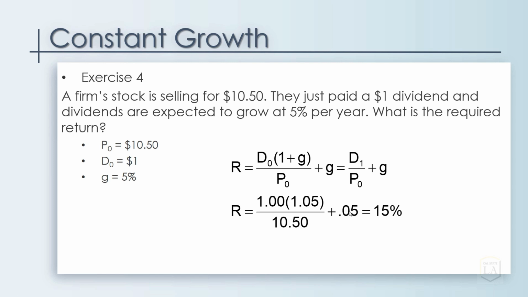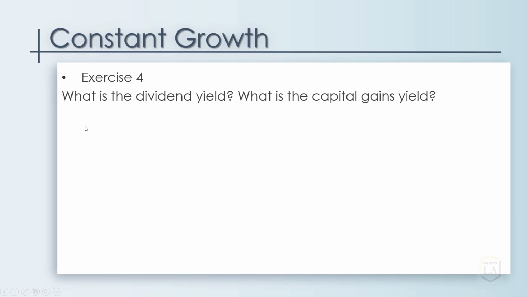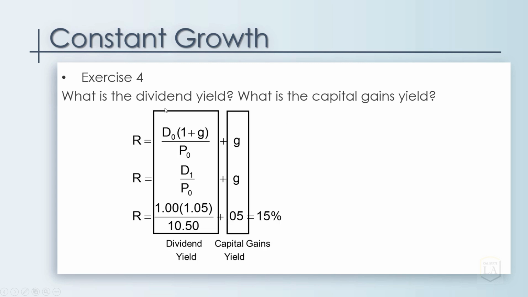From here, we would like to decompose this required rate into two parts, dividend yield and capital gains yield. You can see that the first part, as we saw before, has to do with the dividend divided by price, right? The ratio between dividend in 1 year and the price right now, this would be the dividend yield, okay? Per $1 of share, how much dividend is being paid or is expected to be paid.